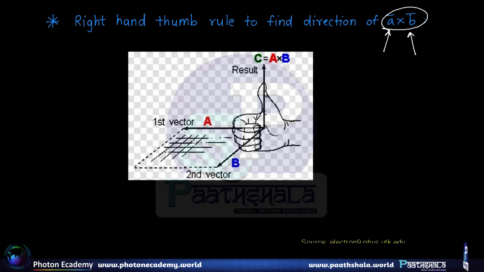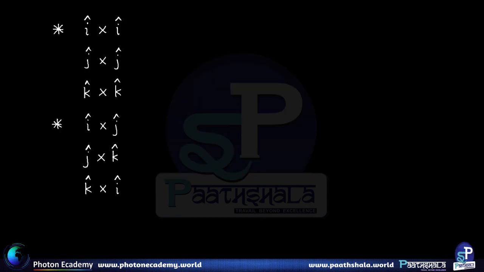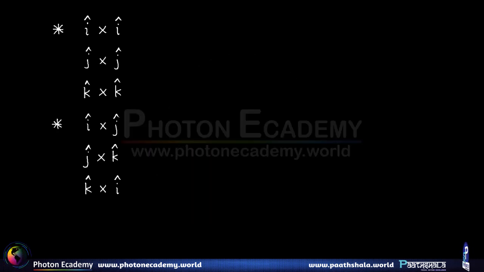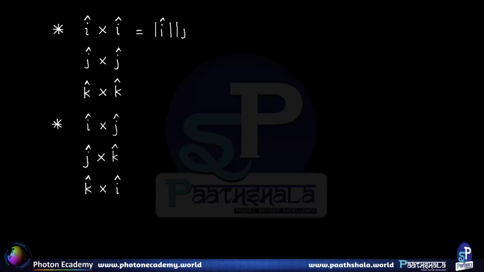Alright, now let us derive the cross products of the fundamental unit vectors. The first set is the pairs of identical unit vectors. Suppose we want to do i cross i. As per the formula, it is mod of i into mod of i into sine of the angle between them, which is 0, times n cap.